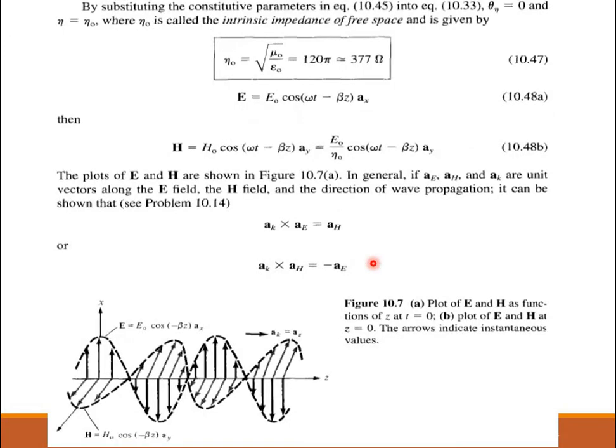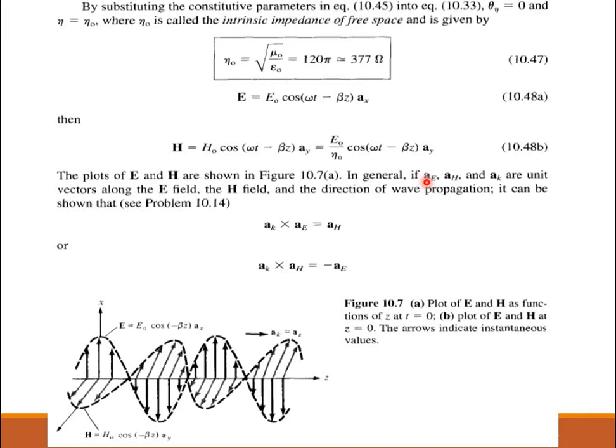And how do you write the expressions for E and H? The intrinsic impedance, we have defined this, and I've explained this in lecture 2 also. When you write it in terms of mu 0 and epsilon 0, it has a constant value, 377 ohms, the intrinsic impedance of free space. Theta n is 0. So when theta n is 0, E and H both are represented in terms of cos omega t minus beta z itself.